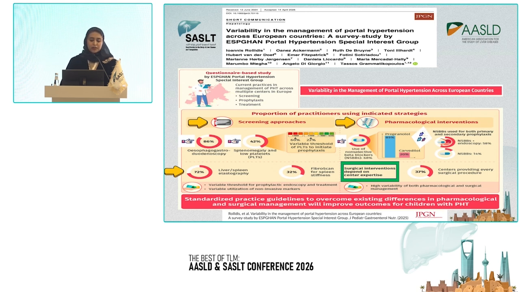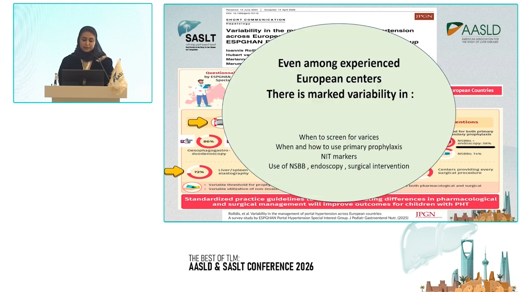Surgical intervention depends on the center's experience, and around 40% of them used surgical interventions such as TIPS and Meso-Rex shunt. So in general, even among experienced European centers, there is marked variability in when to screen for varices, when and how to use primary prophylaxis, non-invasive parameters, and when to use non-selective beta blockers, endoscopy, or surgical interventions.